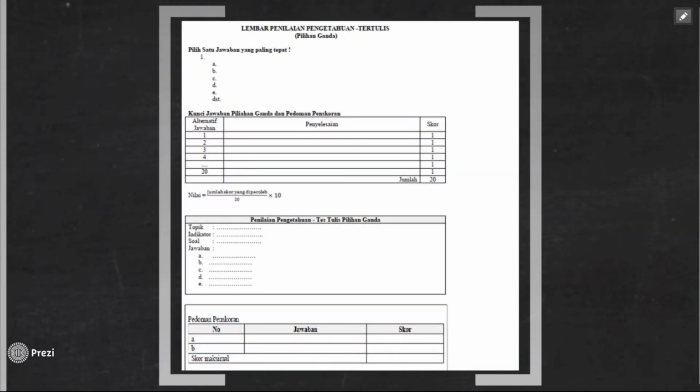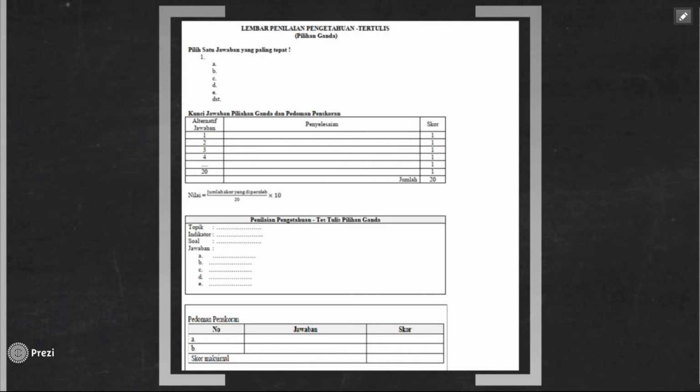As we see here, we can see some types of rubric forms, and also every school has different formative rubrics.